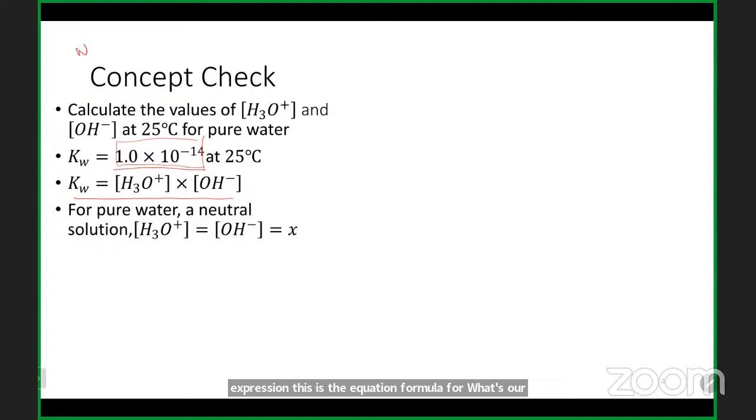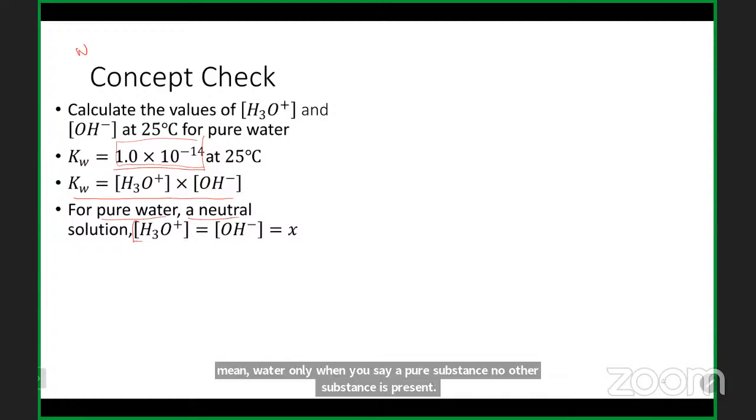So in pure water, pure means that nothing else is dissolved. No acid. It doesn't mean clean water. Pure water means water only. When you say a pure substance, no other substance is present from the point of view of chemistry.